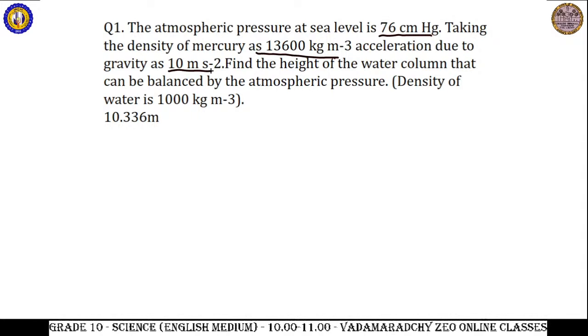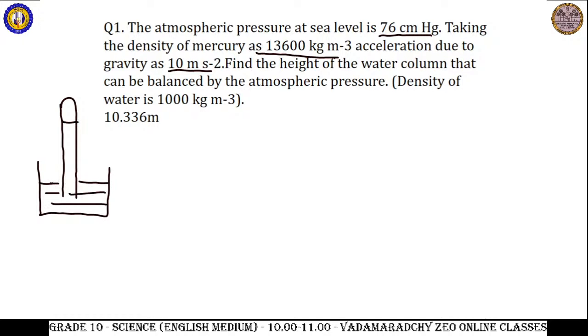In this barometer, instead of mercury, we can use water also. First scenario: a barometer that uses mercury. When using mercury, the atmospheric pressure at sea level is 76 centimeter mercury.